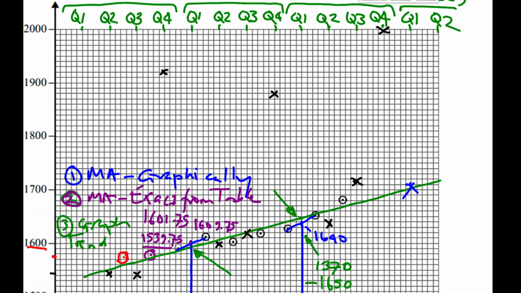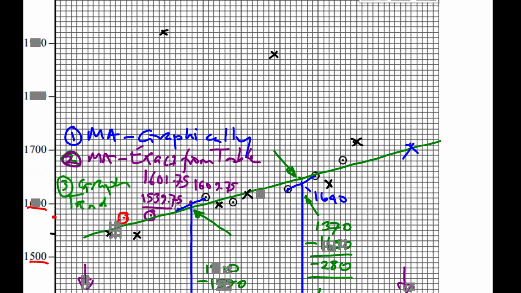So that's given us a value of 1705. That's the trend line. Then we've got to adjust for our seasonal effect, and in this case it's minus 280.